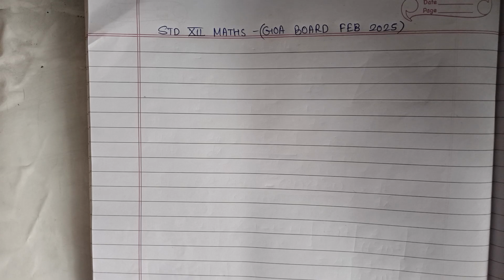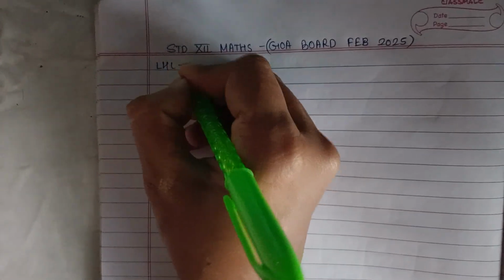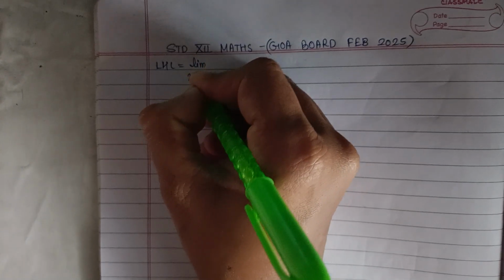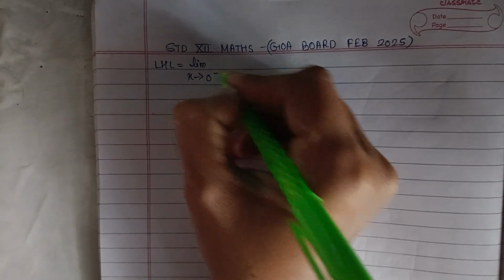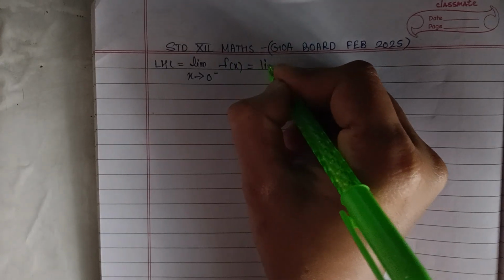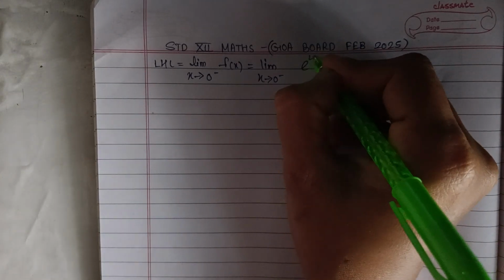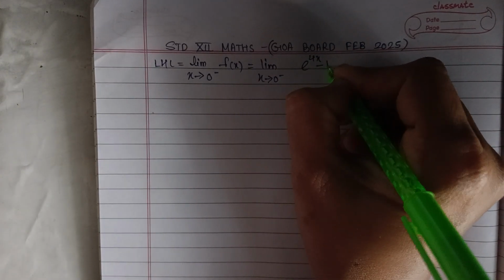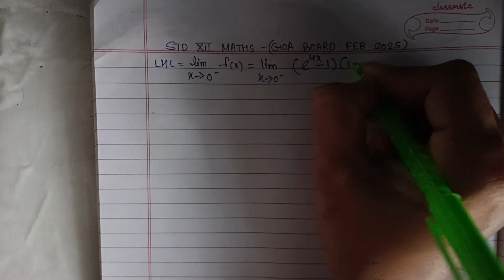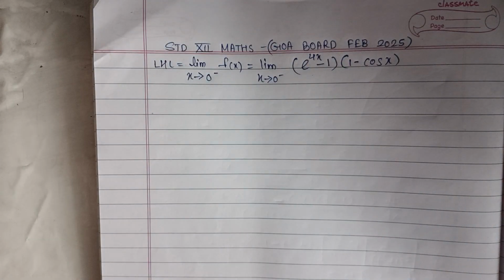So we'll check for the limit, right hand limit and left hand limit. So for left hand limit, it is x tends to 0 minus f of x, e raised to 4x minus 1 minus cos of x upon x cube is given.